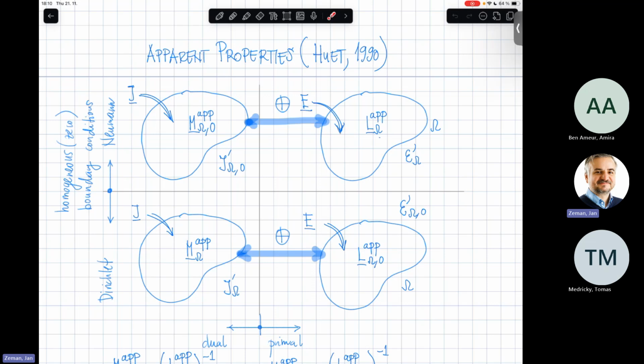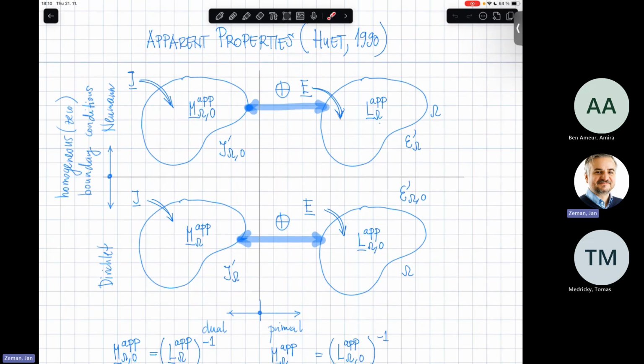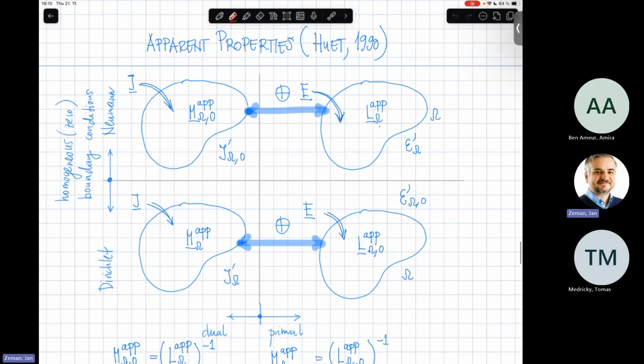So again, it doesn't matter whether I solve primal or dual, these are the same. So one immediate consequence is that this is good news in a certain sense, because the primal thing is something which can be reasonably well treated with the finite element method.